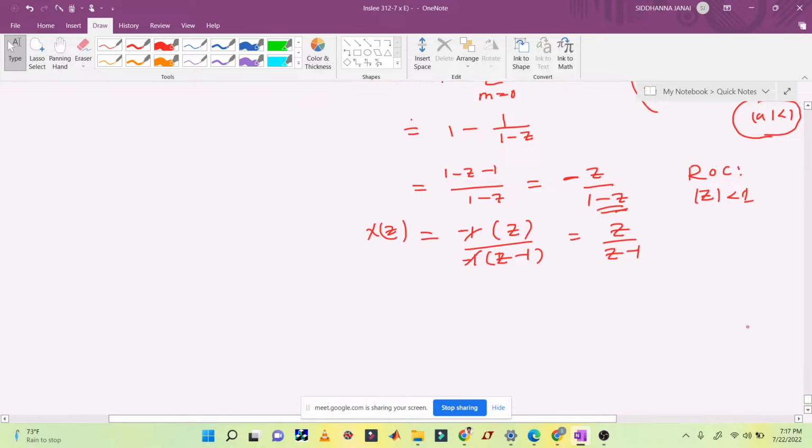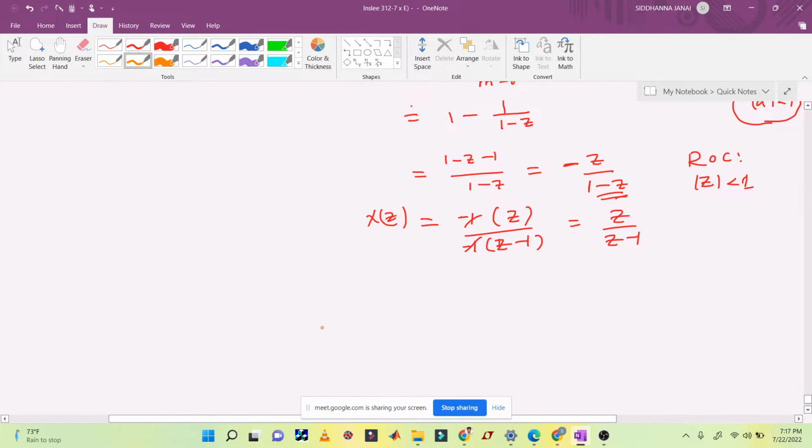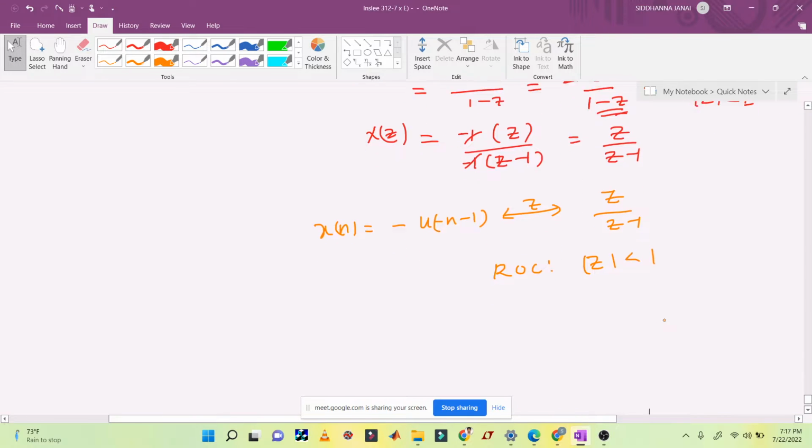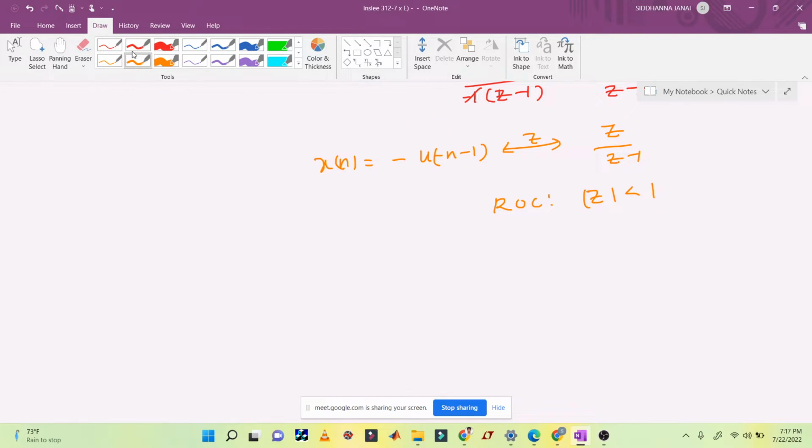so let us write combining both the things. For x of n is equal to minus u of minus n minus 1 will give us the z transform as z divided by z minus 1 with ROC magnitude of z less than 1, and it should be plotted as, say, this is a pole at z is equal to 1.